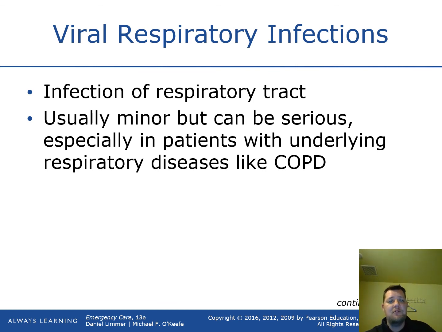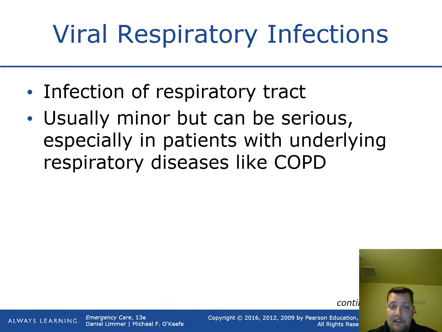So viral respiratory infections, these are what we call like RSV. It's an infection of the respiratory tract, usually minor but can be serious, especially in patients with some type of underlying respiratory disease like COPD.